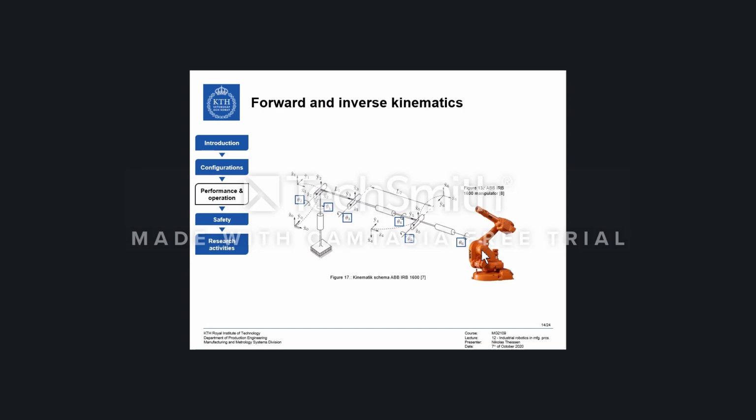So we said before that an articulated manipulator has usually 6 or more degrees of freedom. The one in our example has 6 rotary degrees of freedom, θ1 to θ6. And we need to use this information in order to calculate where our end effector is going to be in space.